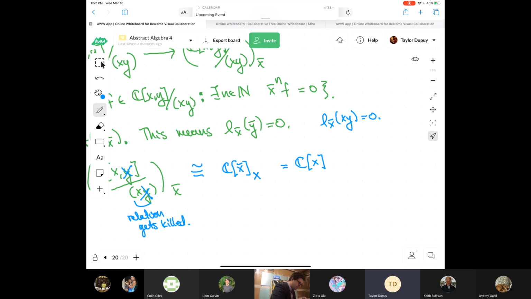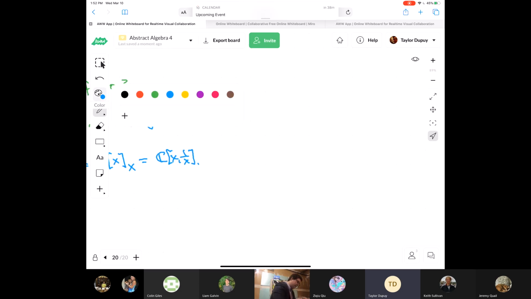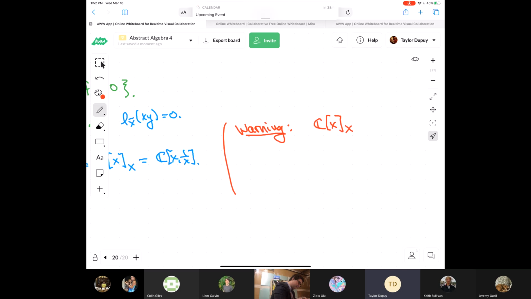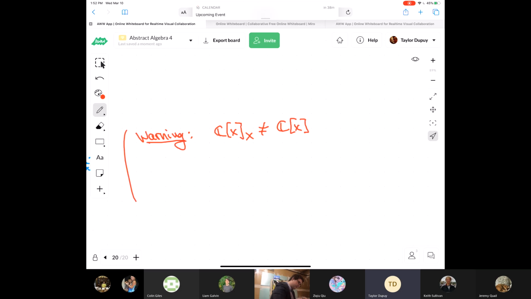That's kind of a tricky point. So this is C[x, 1/x]. Just a fair warning, it's just a notation thing.